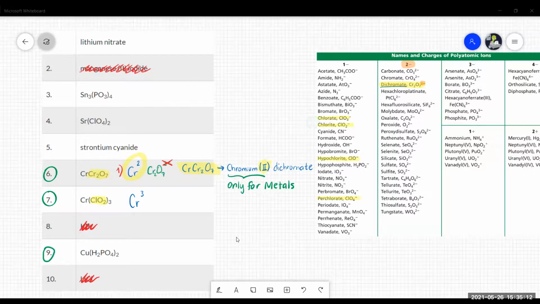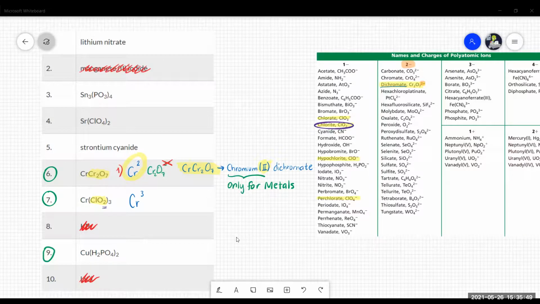We have 4 possible combinations for chlorine and oxygen. So what we have to look at is the amount of oxygens. Here, I have 2 oxygens, so I have to look at the one that has only 2 oxygens, which is chlorite. I-T-E, chlorite. Okay?